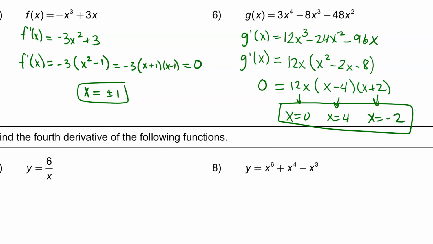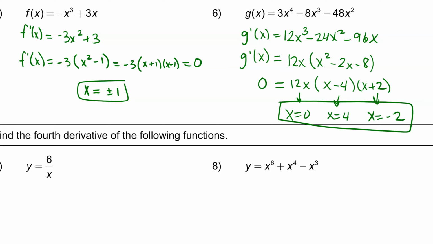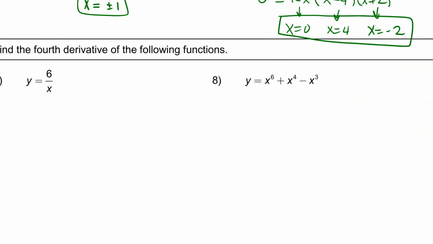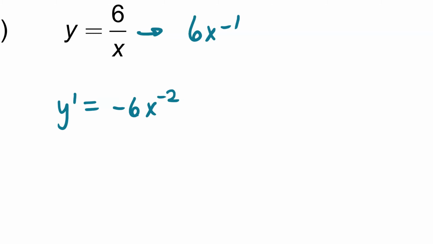Okay, let's keep going. Find the fourth derivative of the following functions. So let me pause. Can I scroll up? Thank you. Okay. I'm going to rewrite this one as 6x to the negative 1. So y prime is going to be negative 6x to the negative 2.